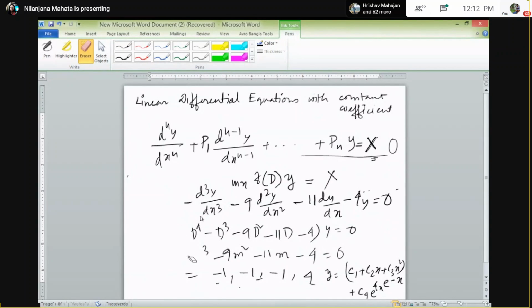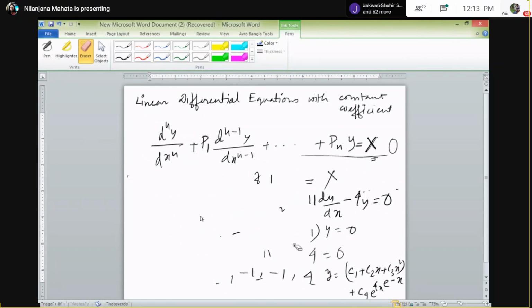Suppose you have complex roots of the equation. Complex roots occur in conjugates. So suppose you have roots like alpha plus i beta, alpha minus i beta.